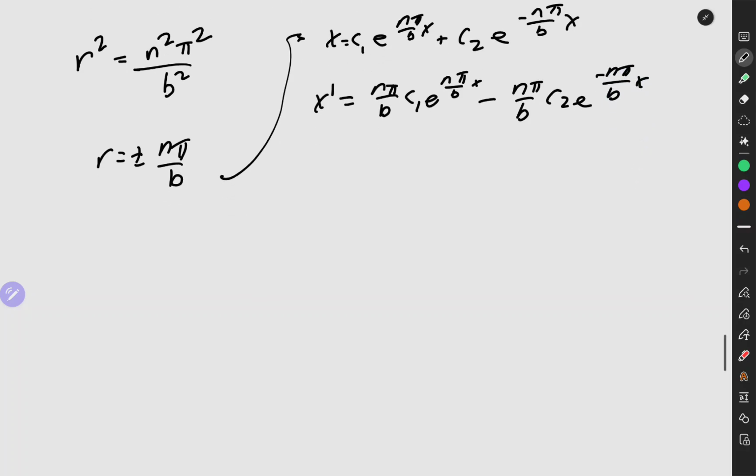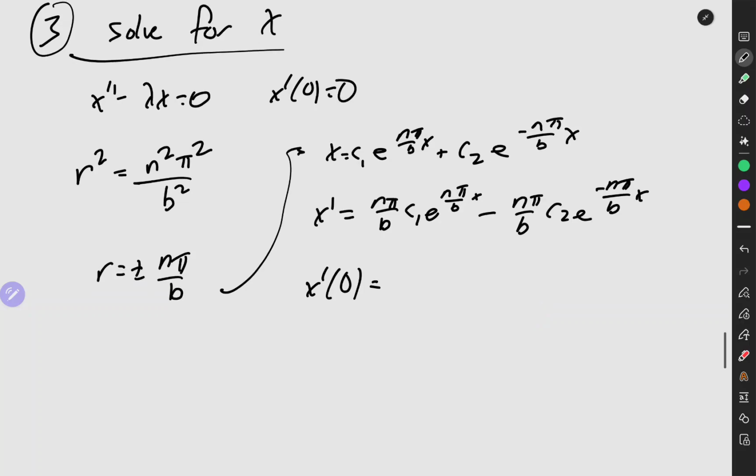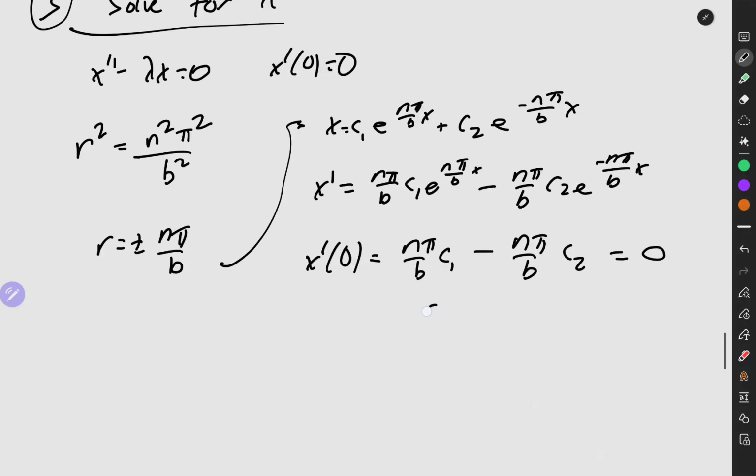You can apply our boundary condition of 0. So this is n pi over b C1 minus n pi over b C2 equals 0. And from this, C1 equals C2.